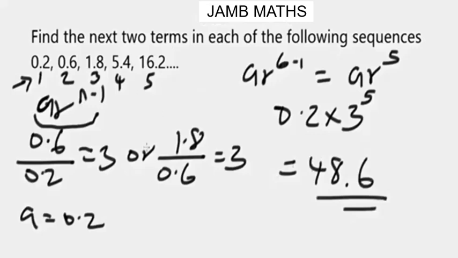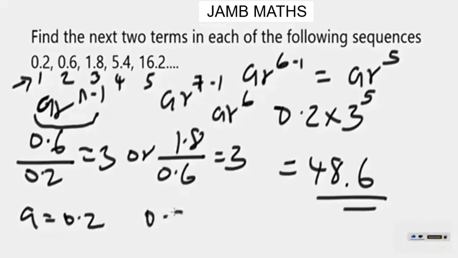All right, now to get the seventh term, all you have to do is a r to the power 7 minus 1, which is a r to the power 6. So when you plug in the values, our first term is still 0.2 times our common ratio 3 to the power 6.